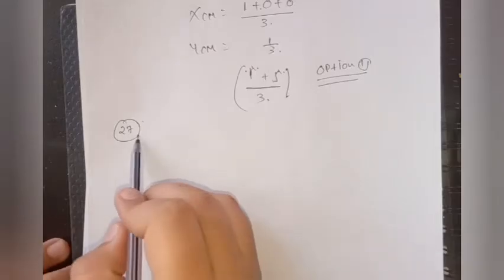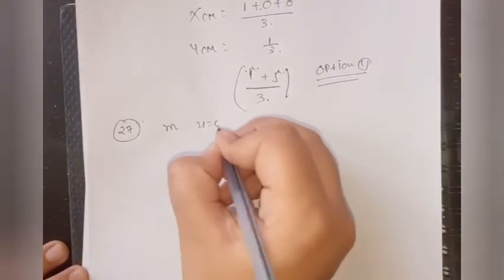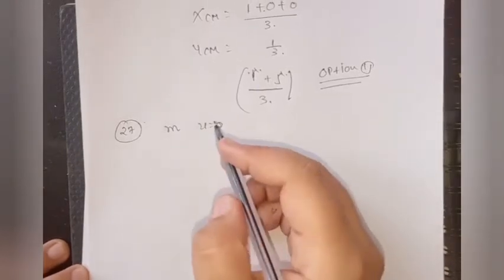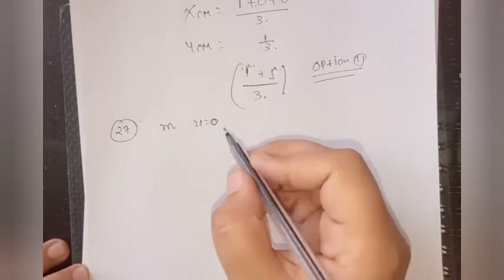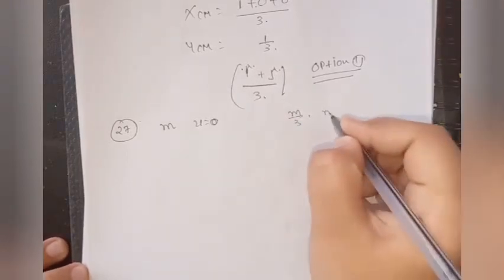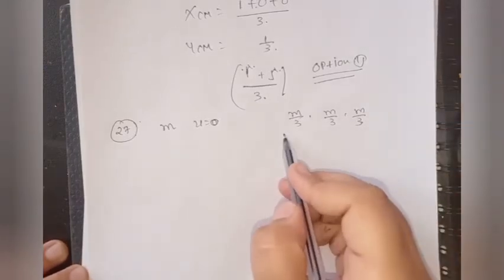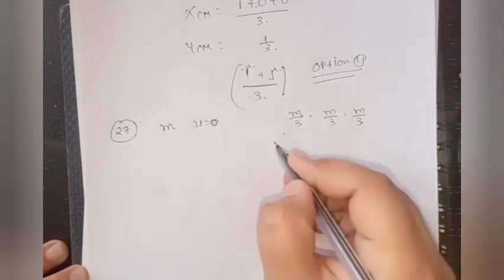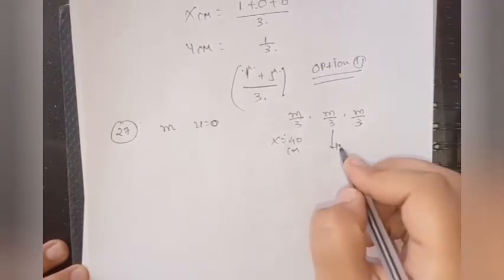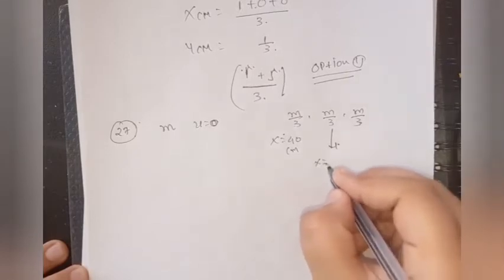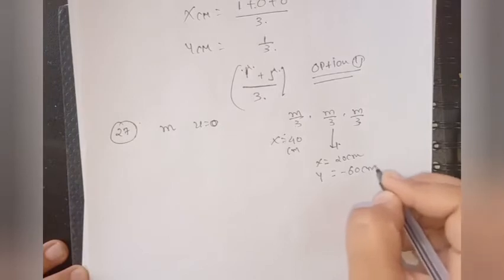In question number 27, it is given that a bomb of mass m was initially at rest at origin. Now it is exploded into 3 equal pieces, m by 3, m by 3 and m by 3. One piece is located on x-axis at x equals 40 centimeter. The other piece is located in xy plane at x equals 20 centimeter and y equals minus 60 centimeter.